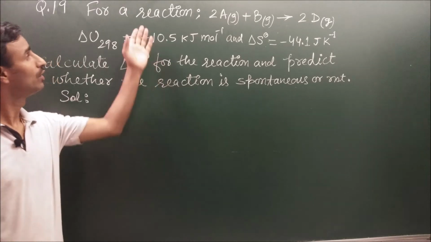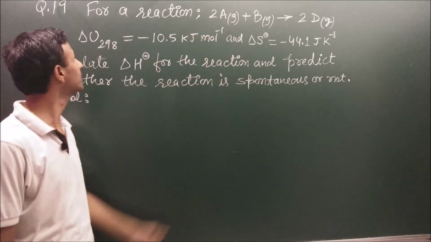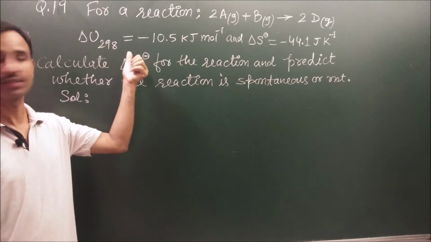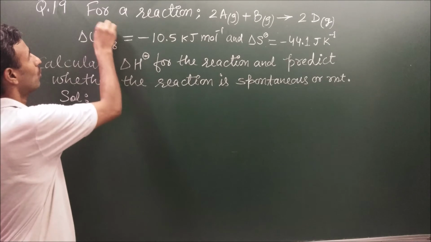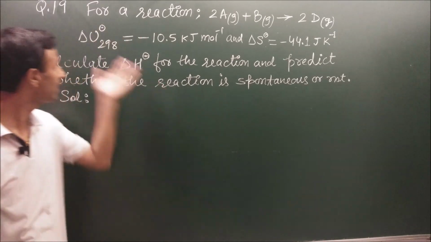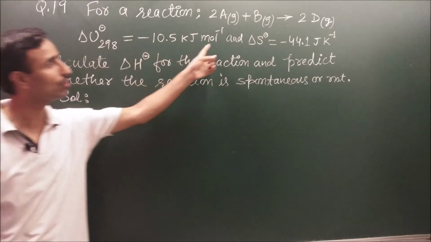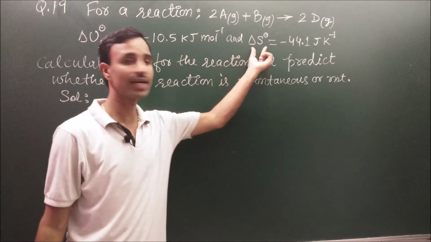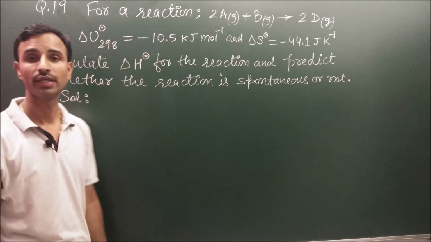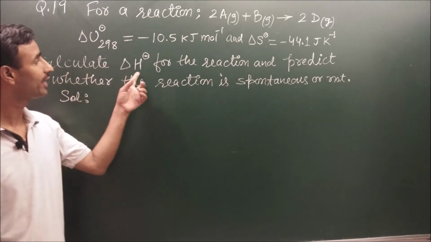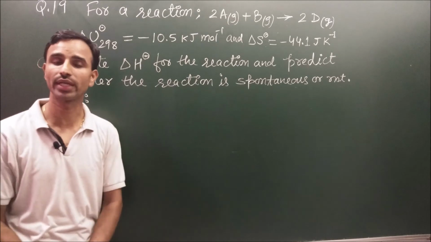So the question is, for the reaction 2A gas plus B gas to 2D gas, delta U at 298 is minus 10.5. That means it is standard internal energy change, minus 10.5 kilojoule per mole, and standard entropy change is minus 44.1 joule per Kelvin. So calculate delta H naught for the reaction and predict whether the reaction is spontaneous or not.